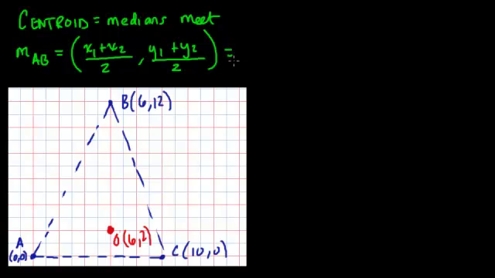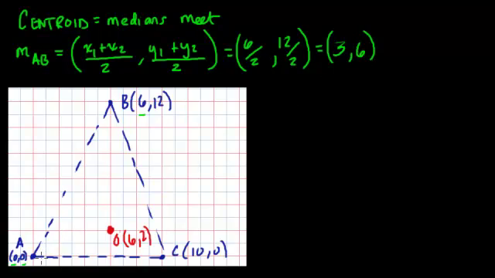So for AB, here's (0, 0) and (6, 12). So it's 0 plus 6 over 2. That's our x value. And then our y value will be 0 plus 12 over 2. We simplify this, 6 over 2 is 3, and 12 over 2 is 6. So that's our first midpoint. 1, 2, 3, and then up 6, so about here. And we're on our way.